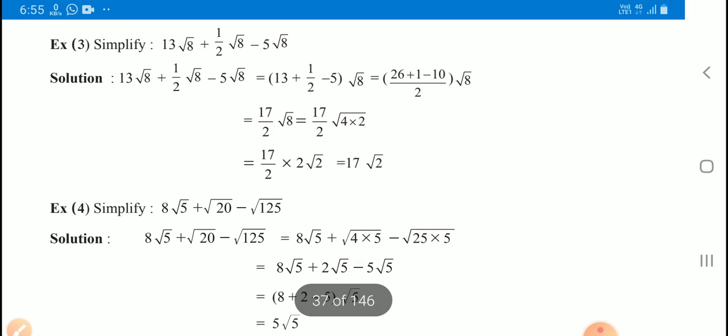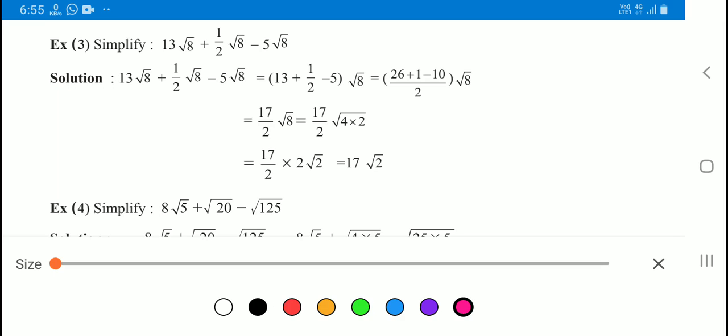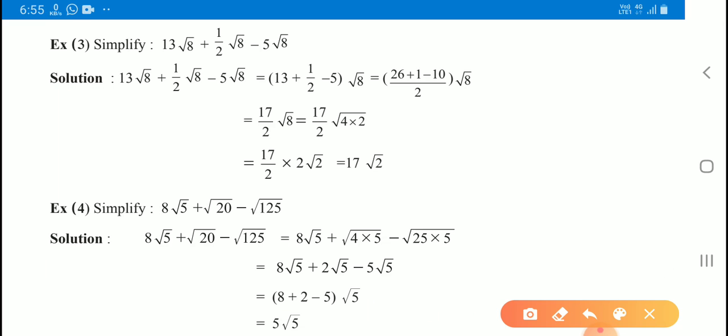Now, the next example they have given in your book, that is example number 3, simplify. Here they have given both addition as well as subtraction. So look here, 13 plus 1 upon 2 minus 5. Here 1 upon 2 is a fraction. So while adding and subtracting, we have to make equal denominators for the other numbers also.